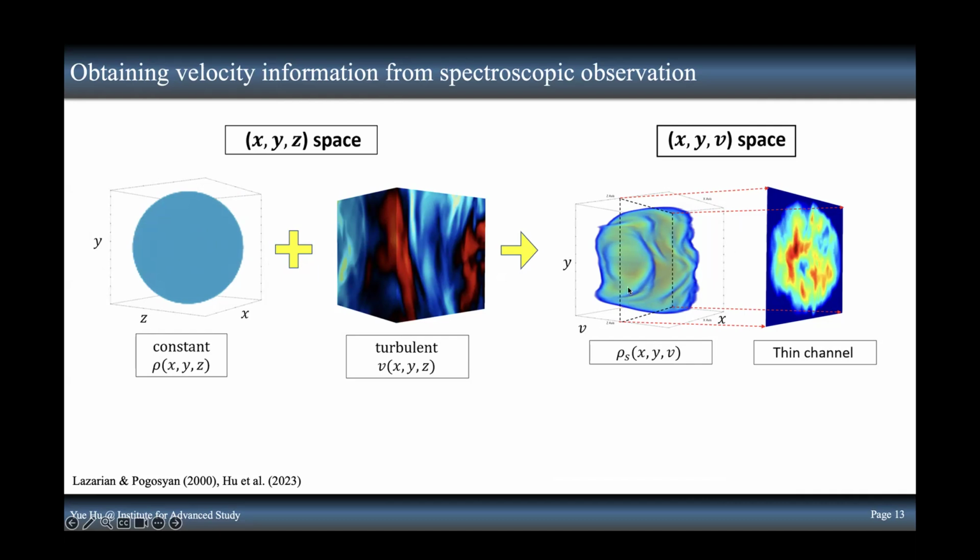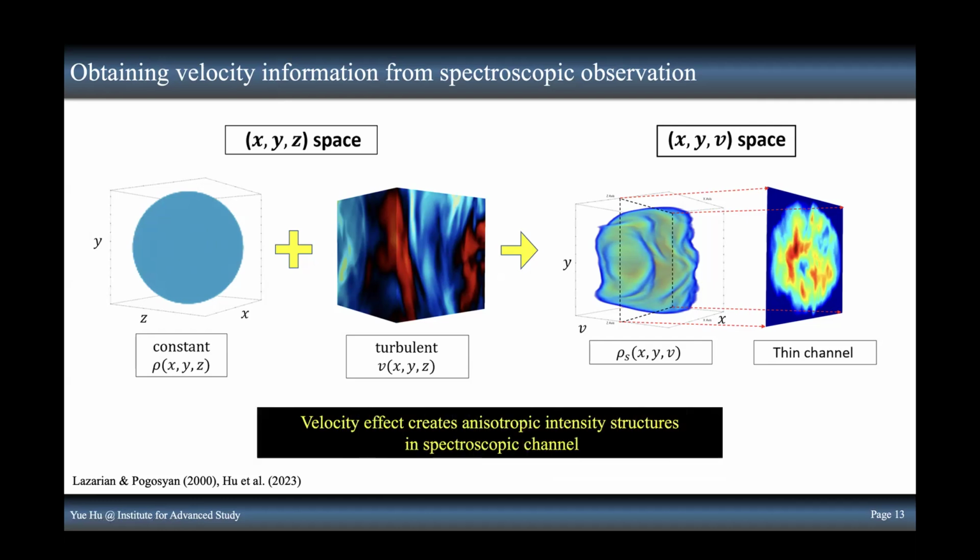If we take a slice at one velocity, we can observe some structures appear. Those structures do not exist in real space because initially the setup is just constant density. Therefore, the velocity effect that maps the density from real XYZ space into velocity space can create anisotropic intensity structures. Those structures are created by the velocity effect, therefore they contain velocity information.